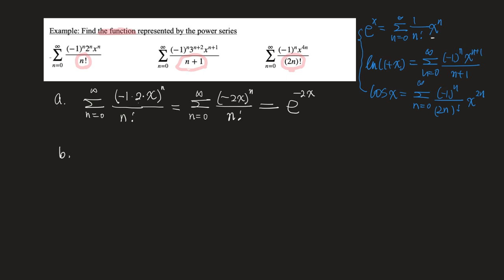So let's try the next one. n plus 1. Where is n plus 1? Here it is, in the ln series: the summation n equals 0 to infinity of (-1)^n over n plus 1. That's the coefficient right there. Now which part do we take care of here?